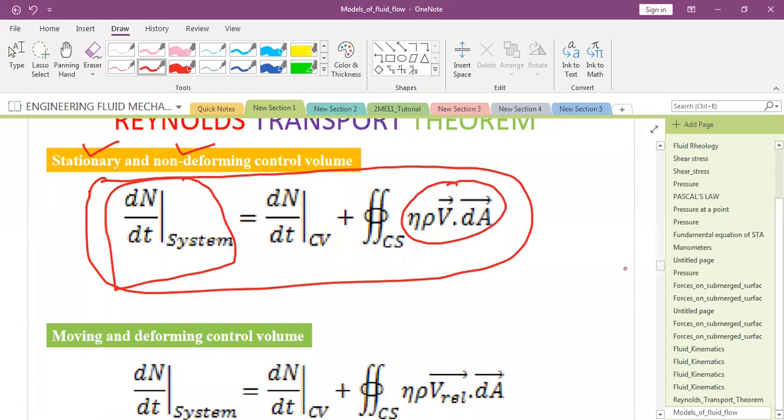So I'm coming to this point. Say I had a tank like this, which had a number of openings through which fluid could enter or exit.